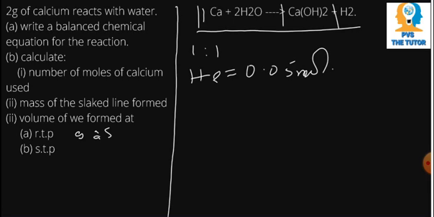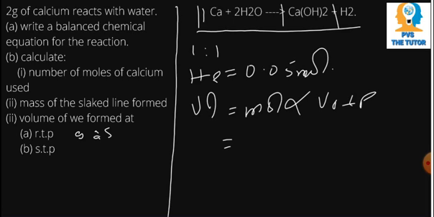So if hydrogen has got 0.05 moles, that means we go back to the formula for volume. Volume is equal to number of moles times volume at RTP. Number of moles is 0.05.